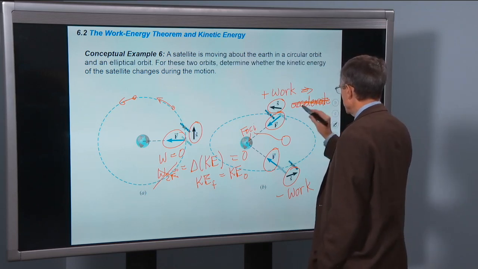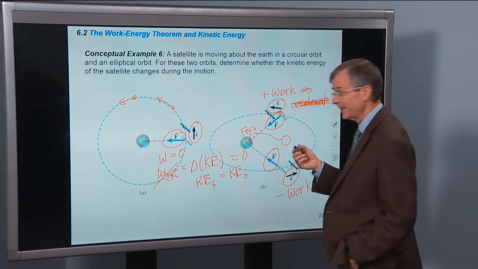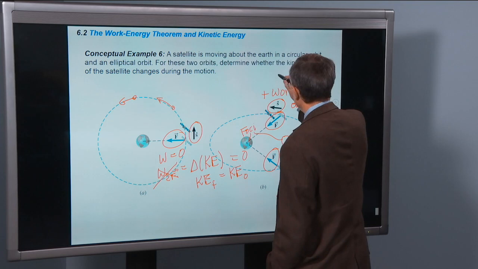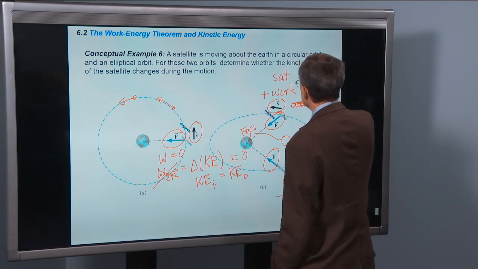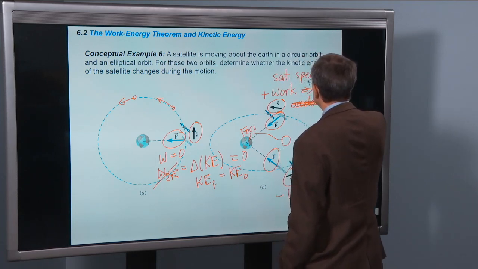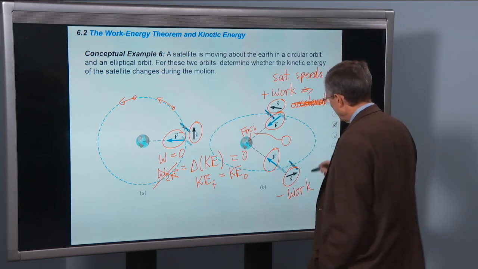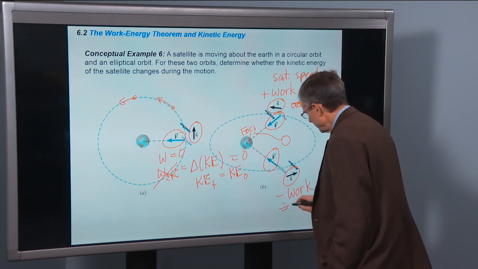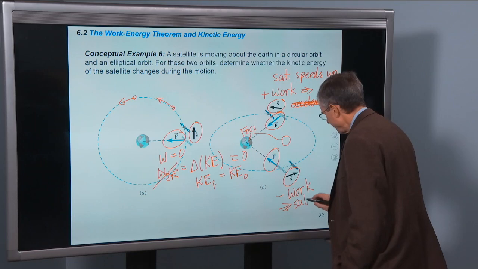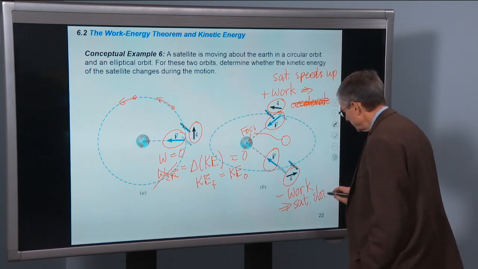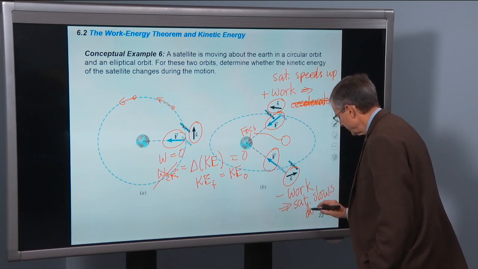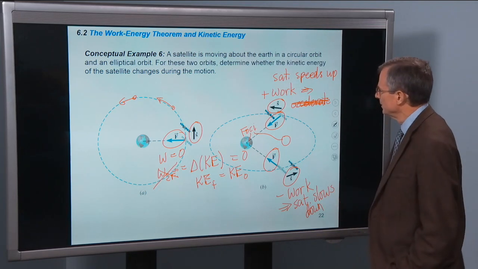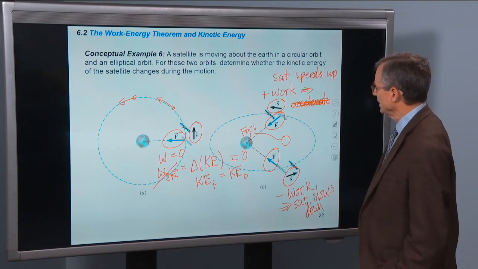Let me just say, because accelerate can either be positive or negative, that the satellite speeds up. And over here, the satellite slows down.